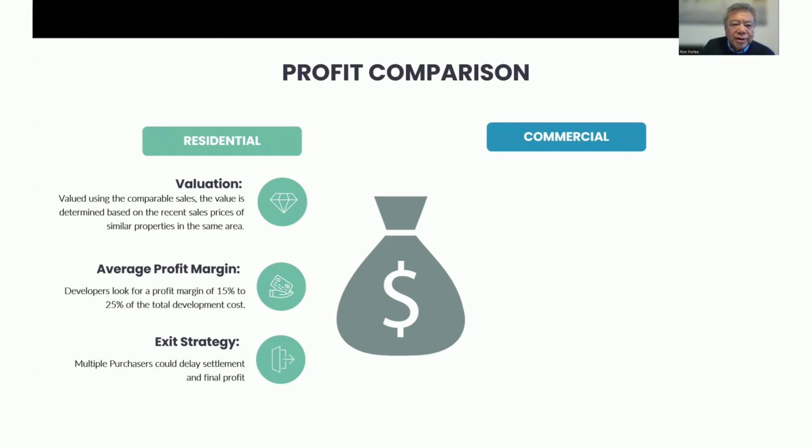That will create the price. The average profit margin developers have been making in residential developments ranges from 15 to 25% of the total development cost. The exit strategy for developers to get out and make their money involves multiple purchases, but there could be delays in your settlement and final profit.